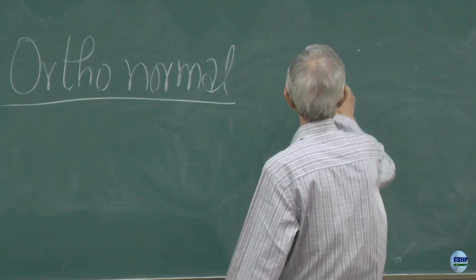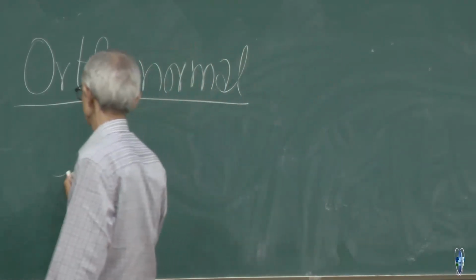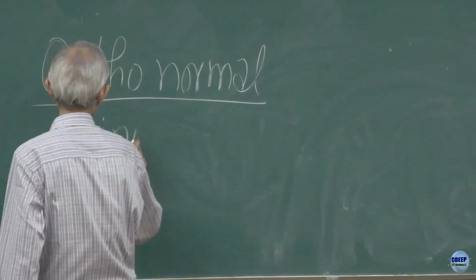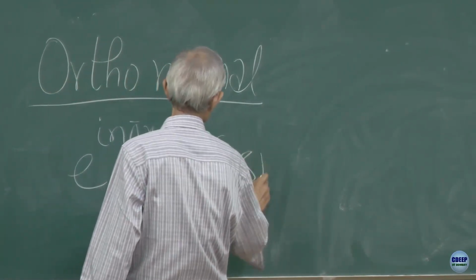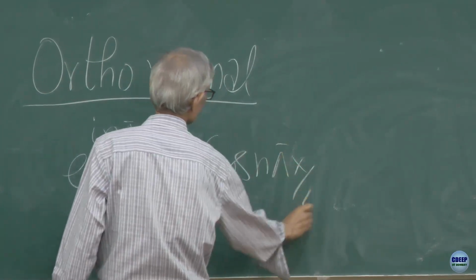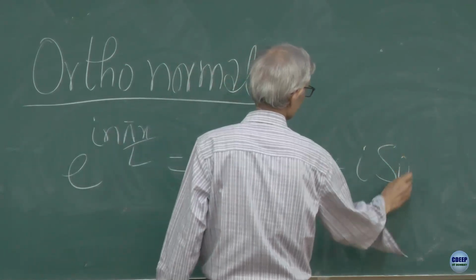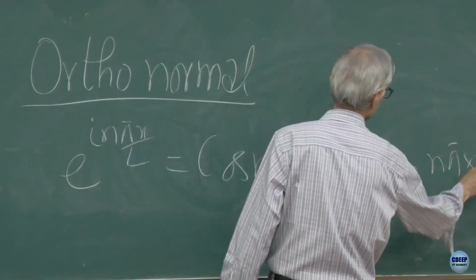And we have this very nice expression, e to the power i n pi x by L is cos n pi x by L plus i sine n pi x by L.